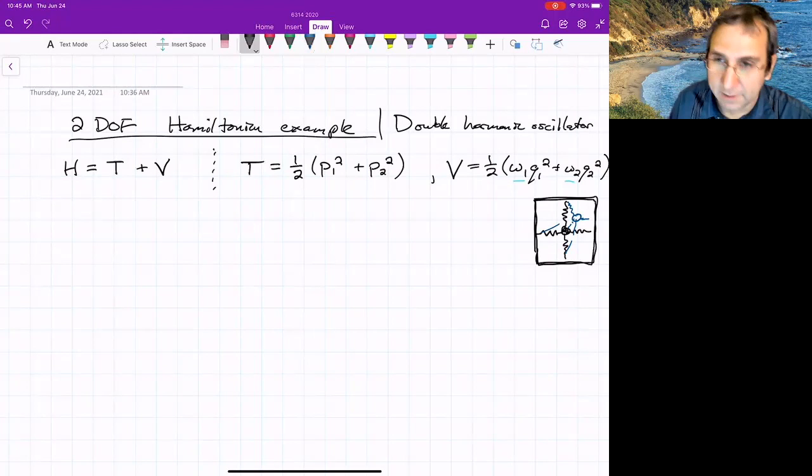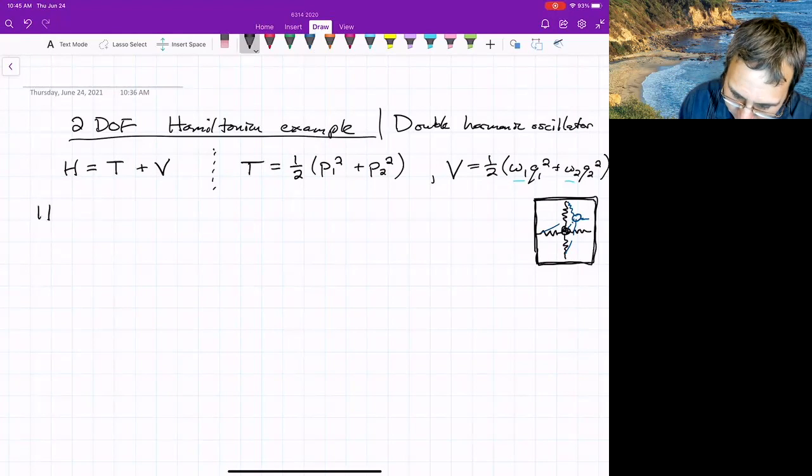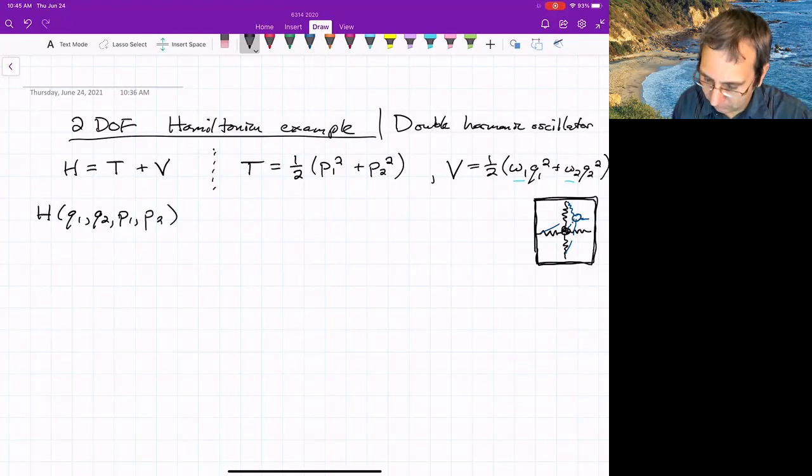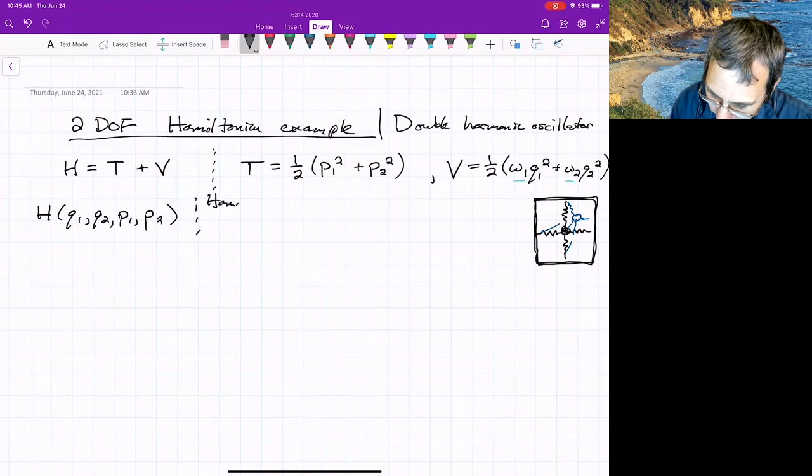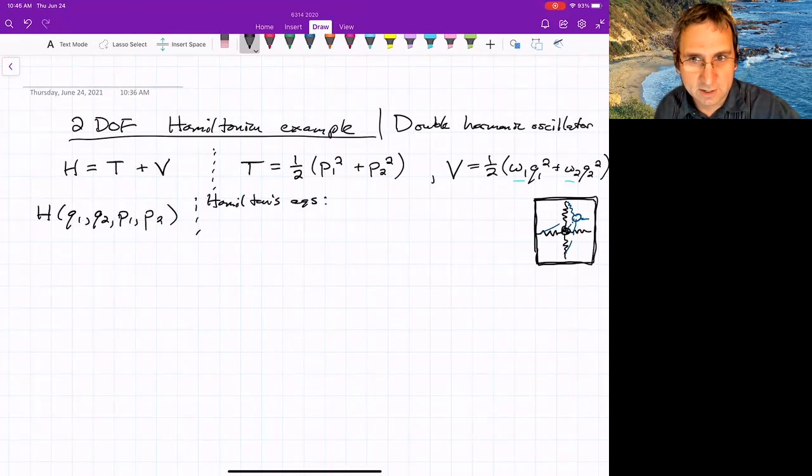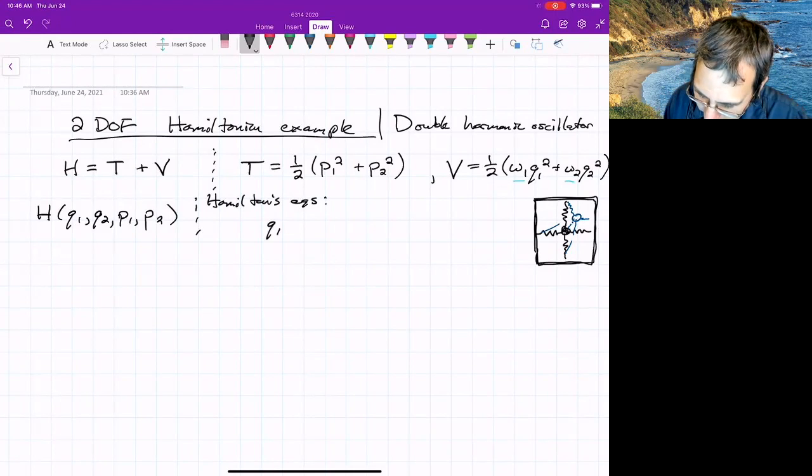So what is that? So we have a Hamiltonian that we would write as a function of Q's and P's. So Q1, Q2, P1, P2. And it's just this T plus V. We could pretty easily write down what Hamilton's equations are. And I will leave it as an exercise, but I'll just tell you what it is, right?